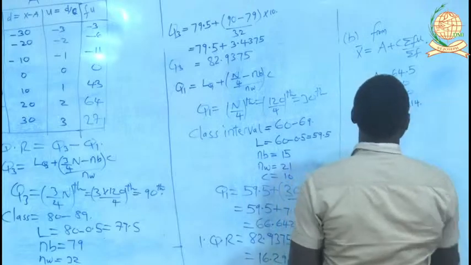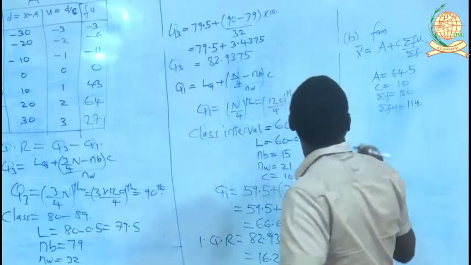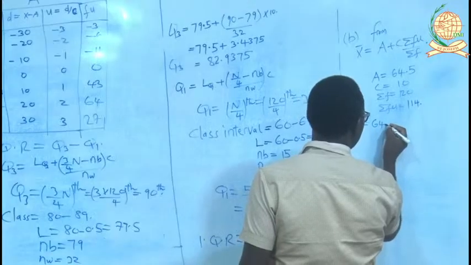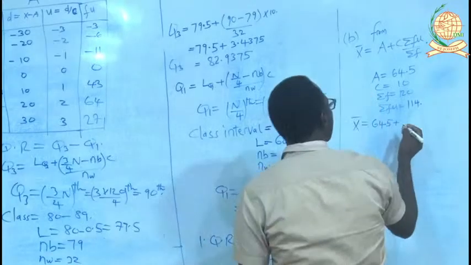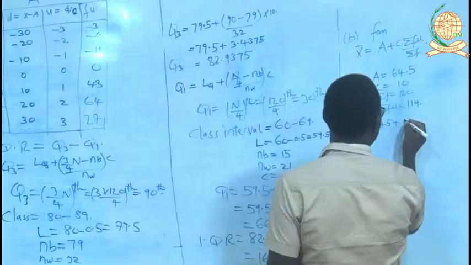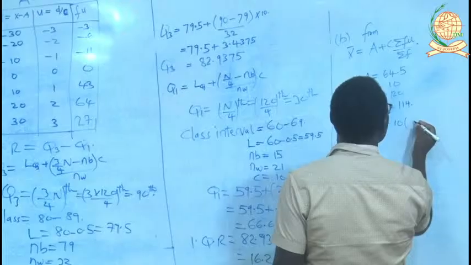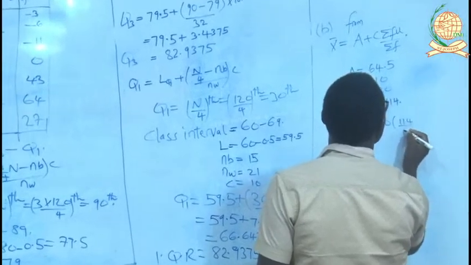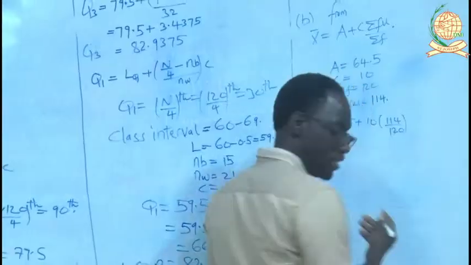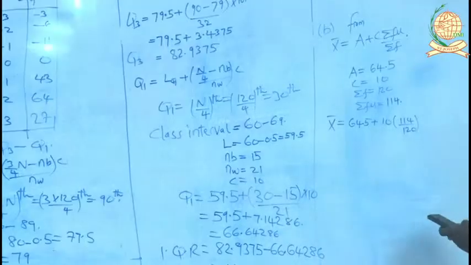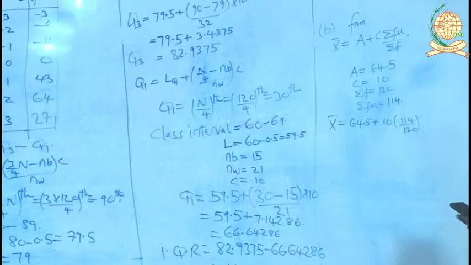Yeah, now substitute it into the formula. Mean now will be given by 64.5 plus 10 times 114 divided by 120. Then use a calculator to find the value of 114 times 10 divided by 120.